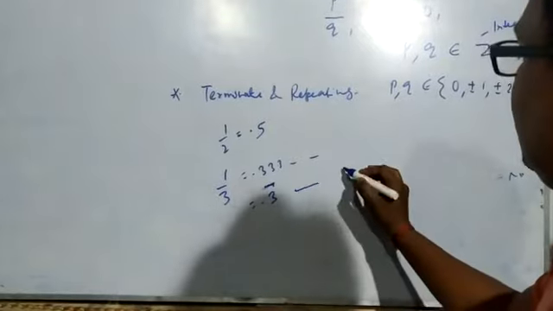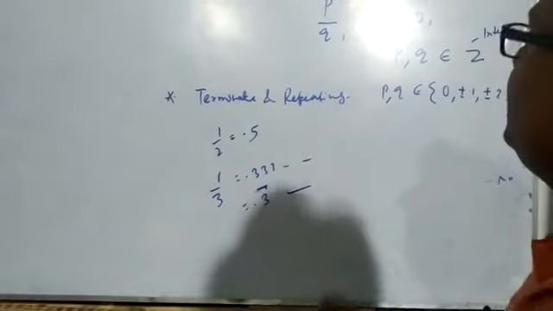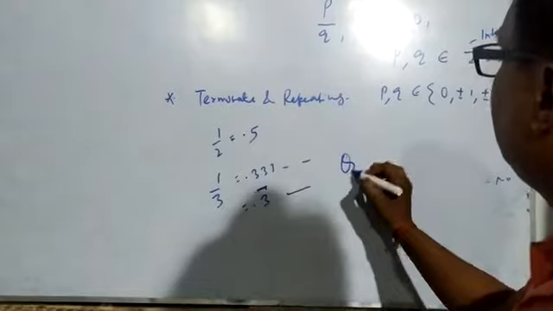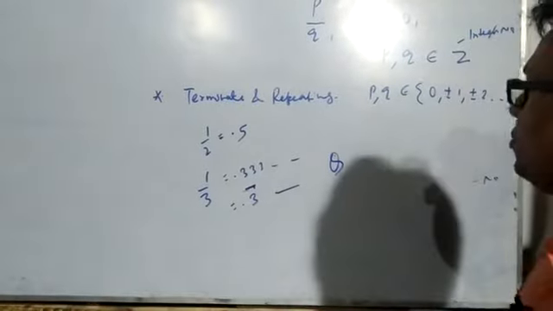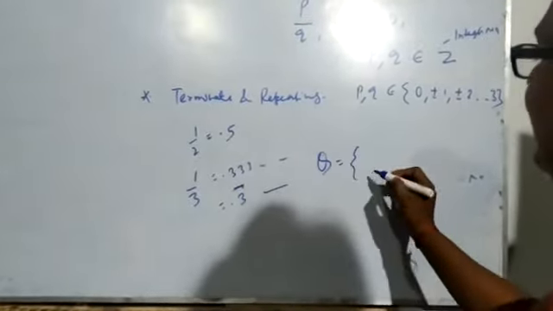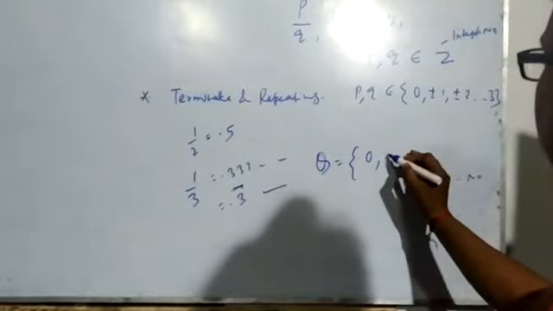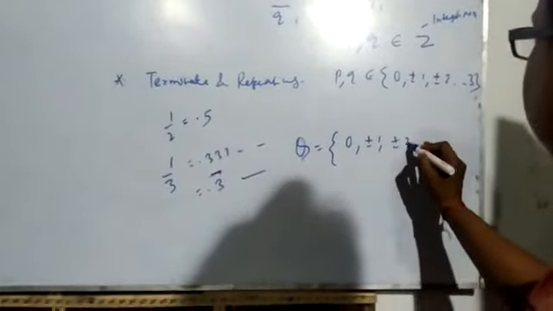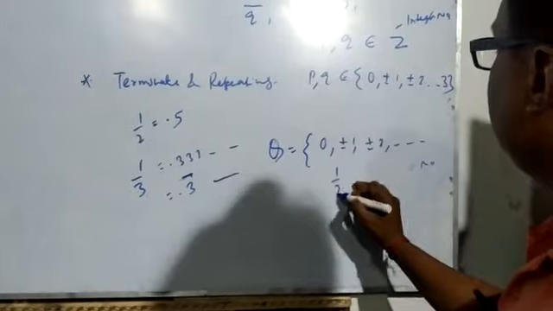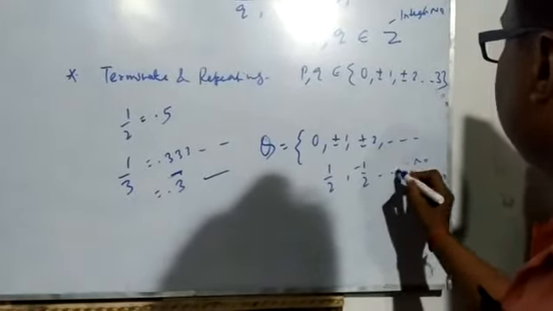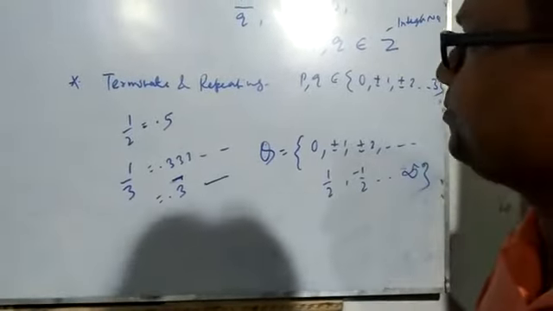That is also a rational number. We denote the set of rational numbers by Q, for quotient, which includes 0, plus or minus 1, plus or minus 2, and 1 by 2, minus 1 by 2, to infinity.